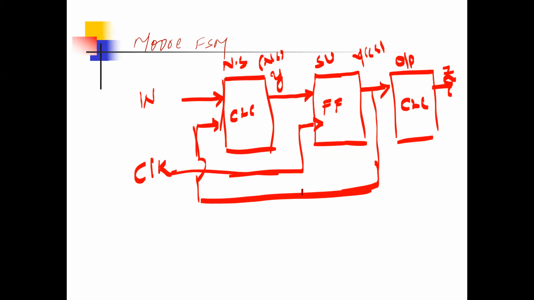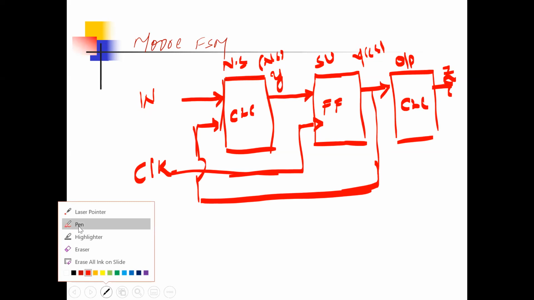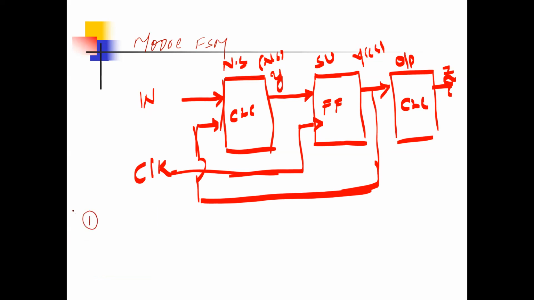So here my question is, as I told you, we have three things. Because of three blocks here, we need three procedural blocks. The first one is the next state, a combinational logic circuit.